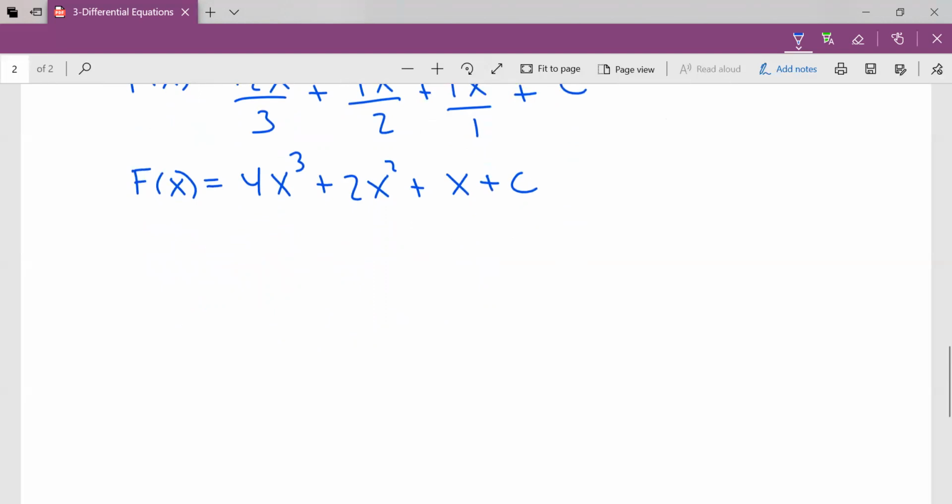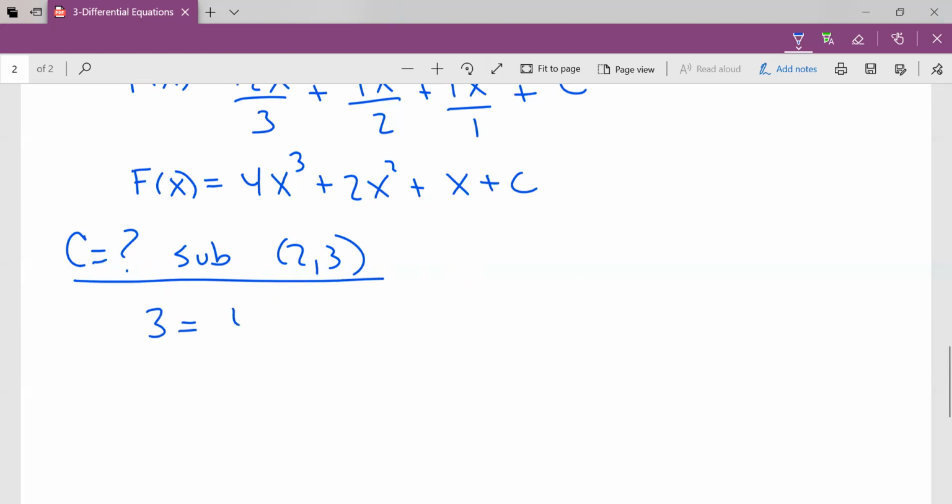Well, if I want to find what c is equal to, what I'm going to do then is sub in my initial condition. And my initial condition was this point (2, 3). So I'm going to sub that in. So y is 3, the output's 3, the input is 2. And from here, friends, all we've got to do, and I screw this up all the time, is just simplify for c.